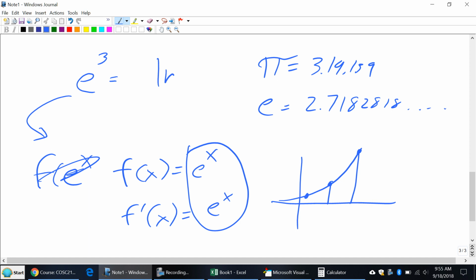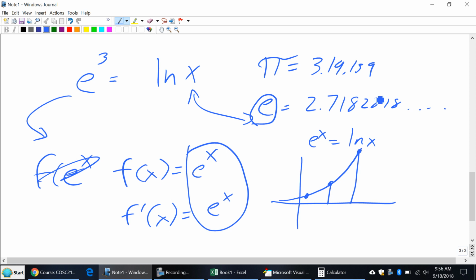The natural log of x is essentially the opposite of e. So e and natural log are kind of like addition and subtraction, or multiplication and division. They're inverses. If you ask what's the opposite of e to the x, it's the natural log of x. Don't worry too much about it if you don't know what it is.